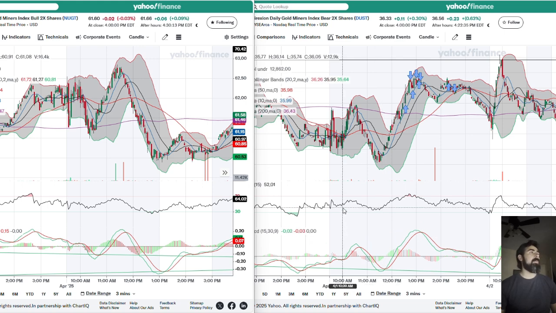So, as discussed in episode 1, these are inverses of each other. You can see on Nugget where there's all this noise, it dips and then goes up. Over here, there's all the noise, it goes up and then dips.